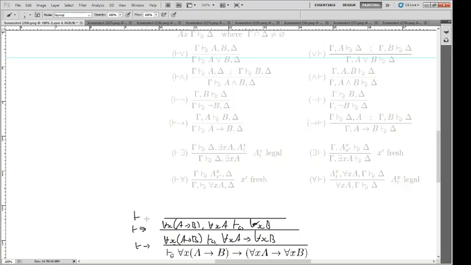So then we use the right for all rule, and this side is the same. So we just have for all x A implies B, for all x A. And here the B changes, of course, so we have B with x substituted by x prime, and then we have to remember to write that x prime is fresh, just to underline that this is admissible here.